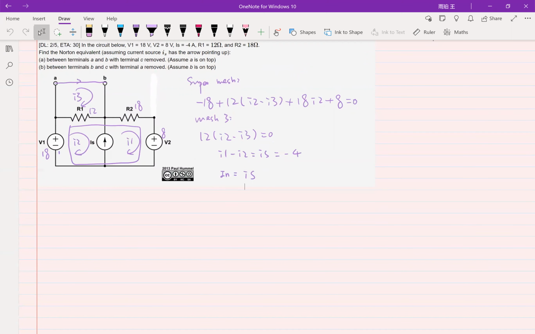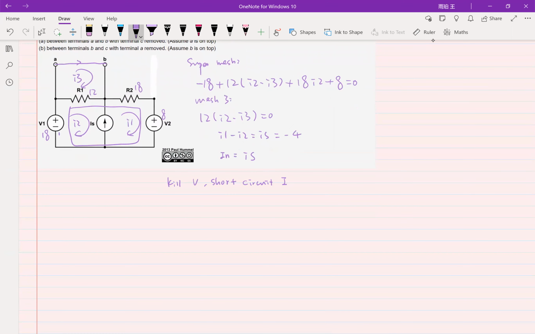In this case, it's relatively simpler because there are no dependent sources in the whole circuit. So I can just kill the voltage sources and short circuit the current sources. I'm going to replicate my circuit down here.